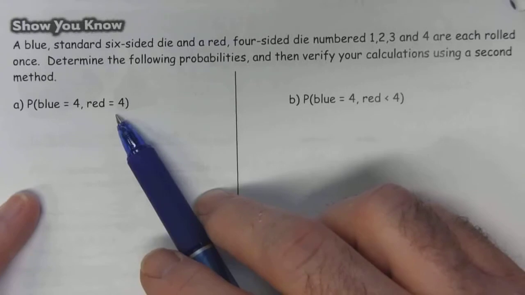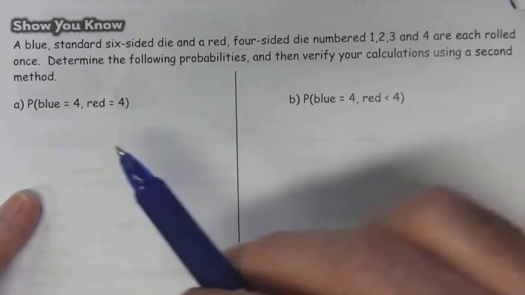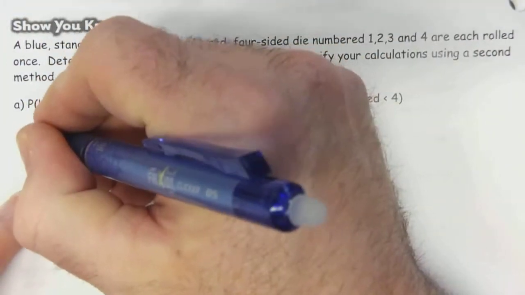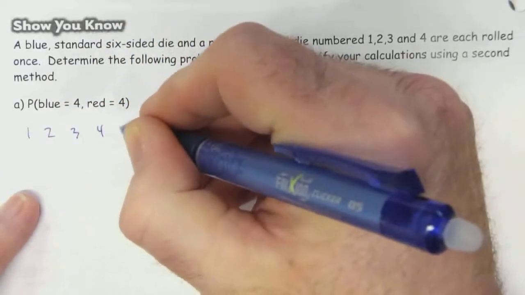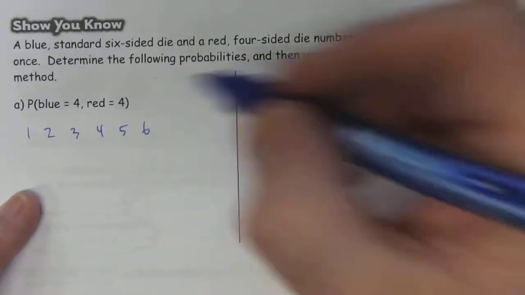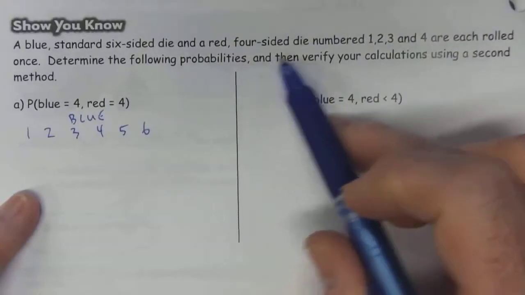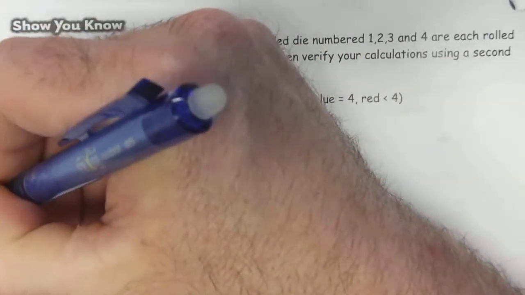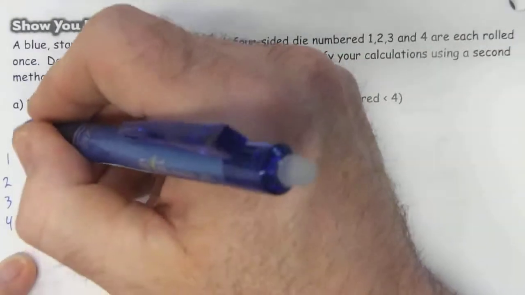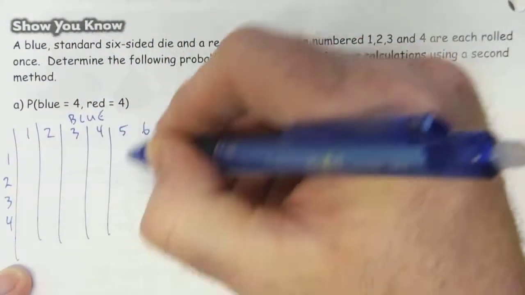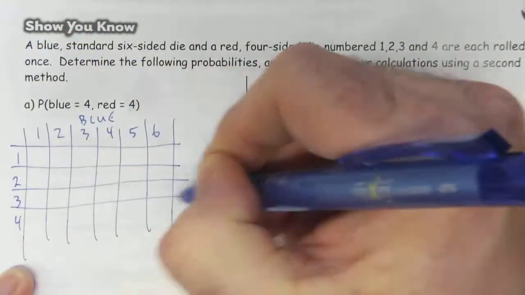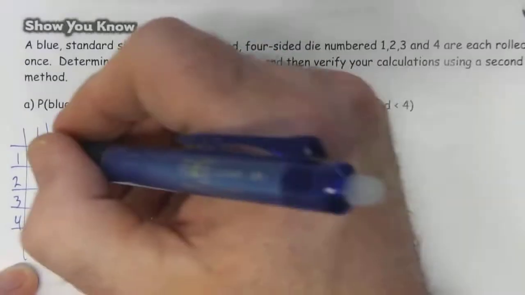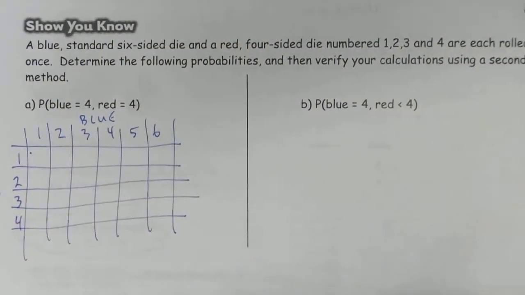I'm going to start by building a table. So the blue one is a 1, 2, 3, 4, 5, 6-sided die. So that's blue. The red one is a 4-sided die, so I'm going to do 1, 2, 3, 4. This is red. And we're going to create a table. Let's see here.